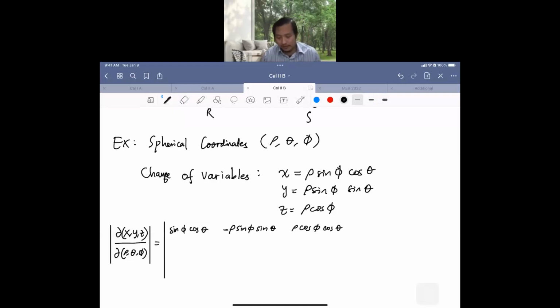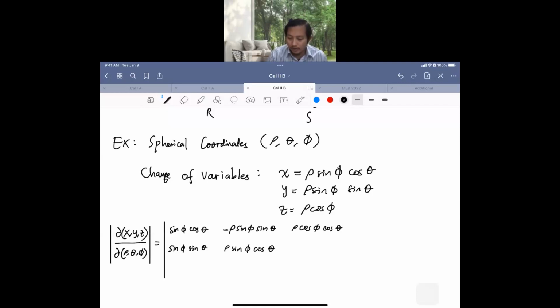The second line, we take the equation y and derive with respect to ρ. This will be sine psi sine theta. And the next one, we derive the theta, it becomes cosine theta, so ρ sine psi cosine theta.